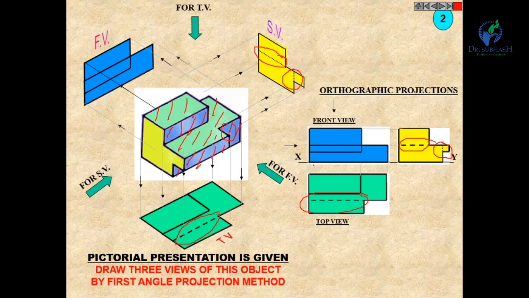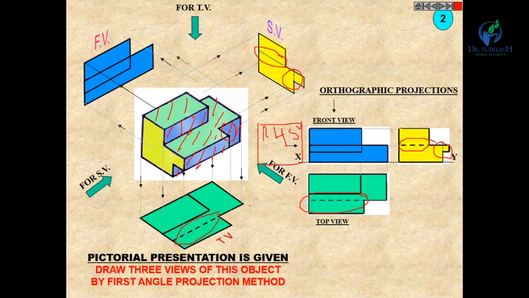So in this way you can draw the three different views. If the right hand side view is given, or you have to draw the right hand side view, then the right hand side view will be here at this place, sorry. RHSV you can draw here if right hand side view is given.